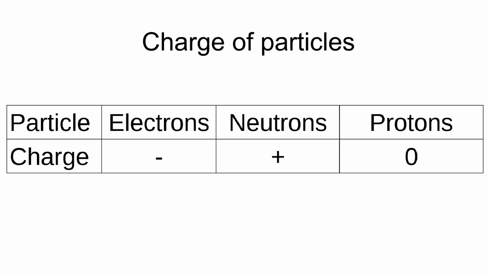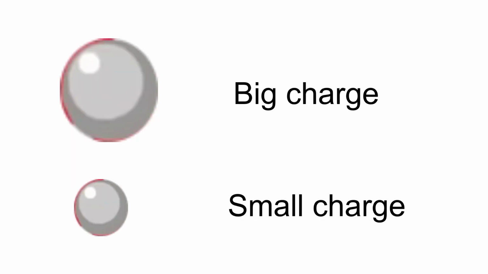Electrons have negative charge while neutrons have positive charge. Protons don't have charge. A particle's charge increases with its volume, so if you change the size of a particle with the growth or shrink rate, its charge will change.